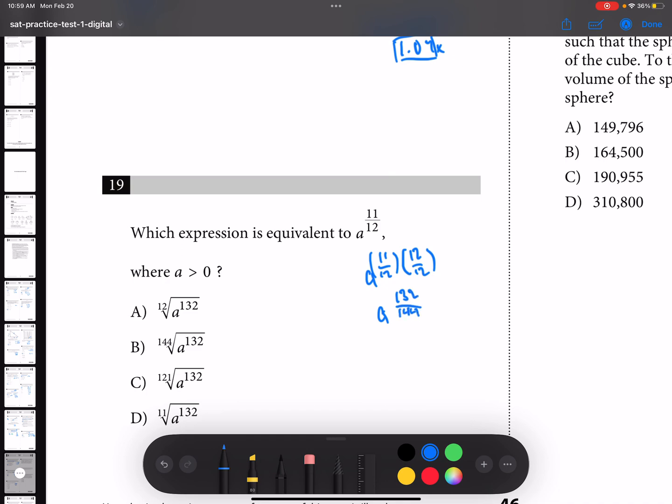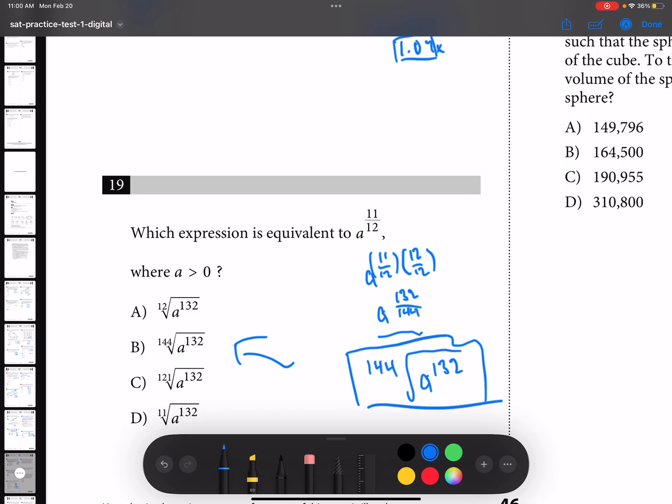And since 132 over 144 is equal to 132 times 1 over 144, we're basically left with this exponent. Now we put this in radical form. So that means the 144th root of a to the power of 132. So that's our answer. So that means B is the correct answer.